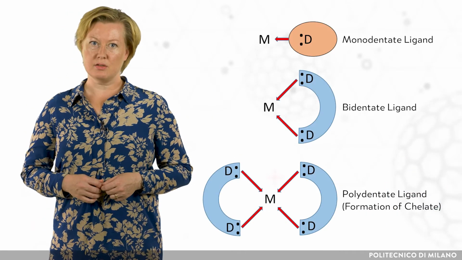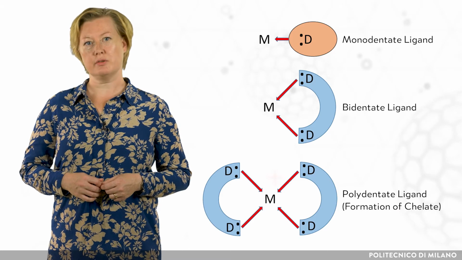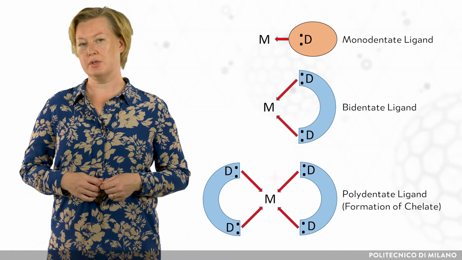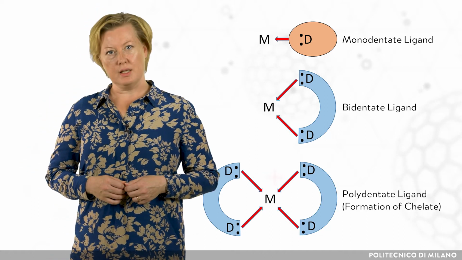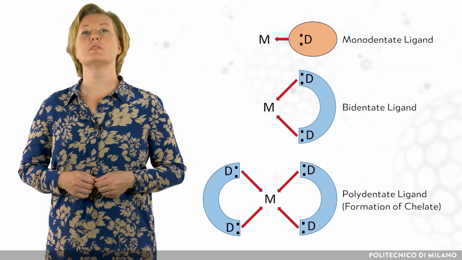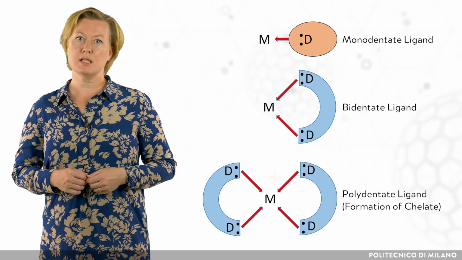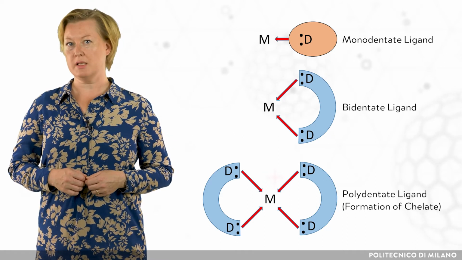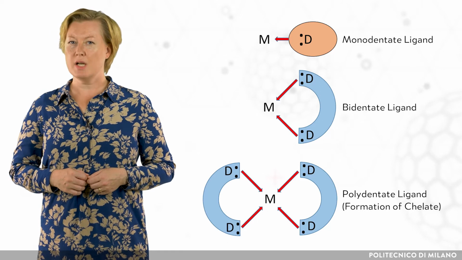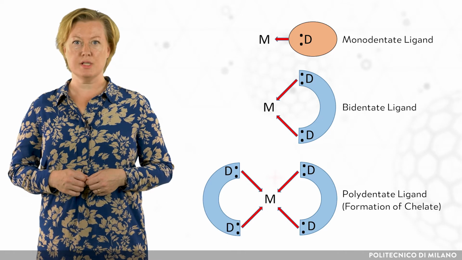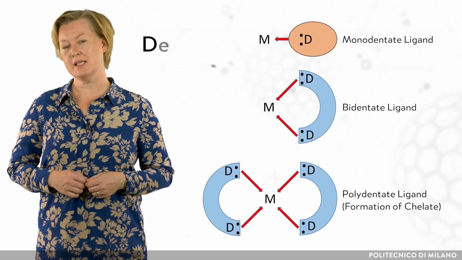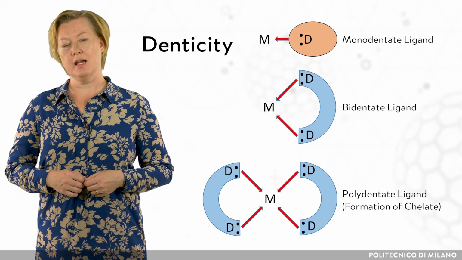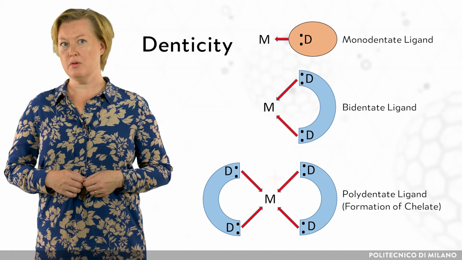Radioactive metals or radiometals are generally bound to organic ligands using ionic bonds. The electrophilic metal ions bind to electron-rich donors such as carboxylic acids or amines. The number of donor groups in a single ligand which bind to a metal ion is referred to as denticity, and it can be mono, bi or polydentate.